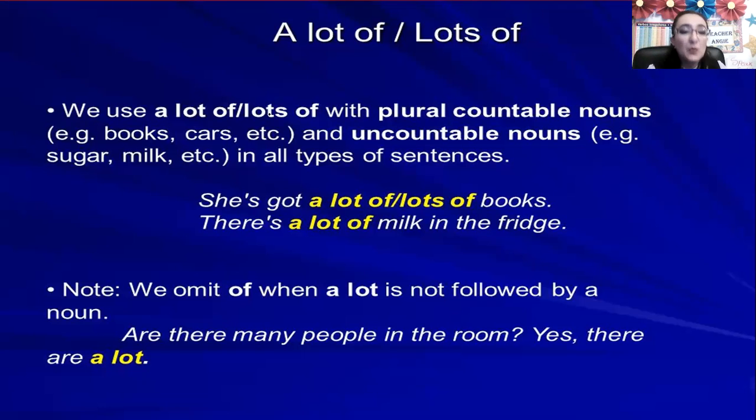And also we are going to be making use of a lot of or lots of with uncountable nouns: sugar, milk, intelligence, love, information. In almost all types of sentences, you can be using this.